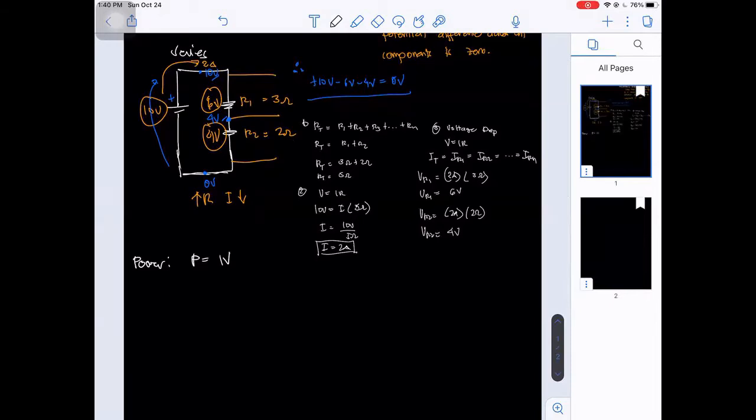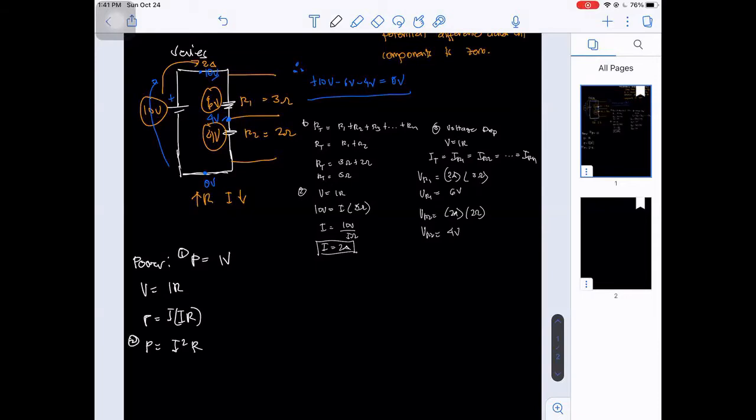Since P is equal to IV and V is equal to IR, if we substitute V in the power formula, we have P equal to I times IR. So we have power is equal to I squared R. So this is now our first formula, and this is our second formula.